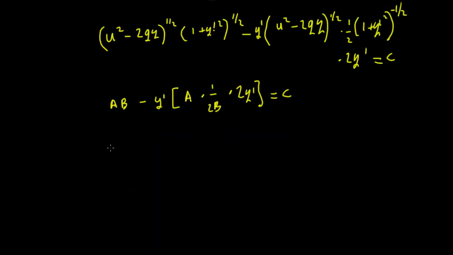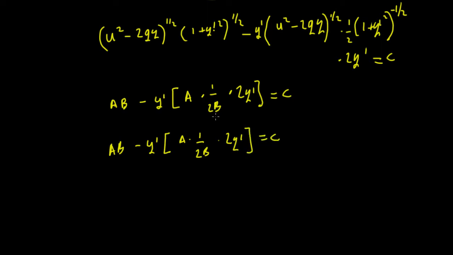So a times b minus y derivative times a times 1 upon 2b times 2y derivative equals c.